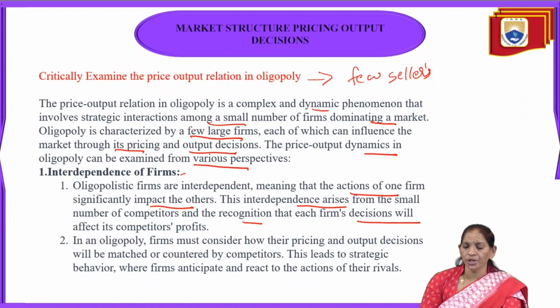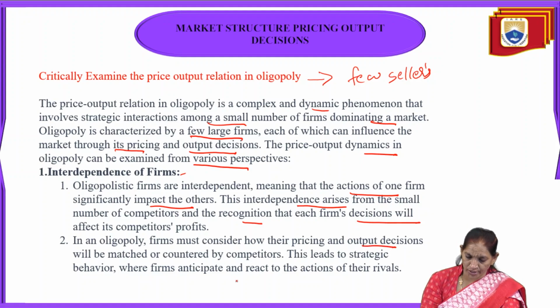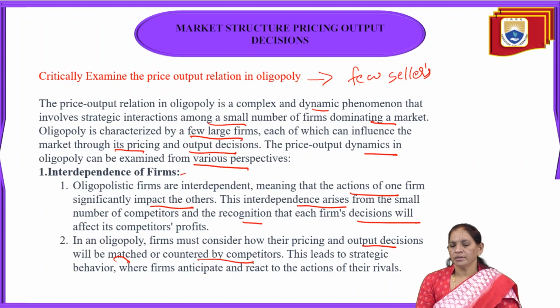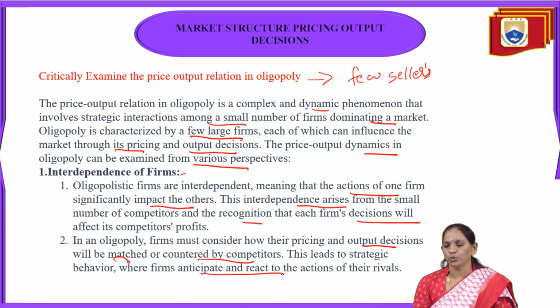In oligopoly, we have to consider how pricing and output decisions will be matched or countered by the competitors. This leads to strategic behavior where firms anticipate and react to the actions of their rivals.